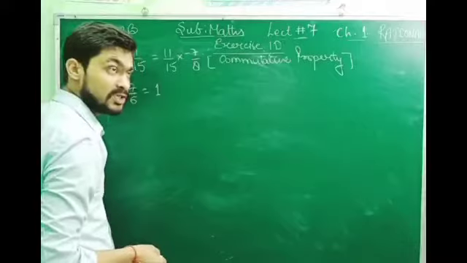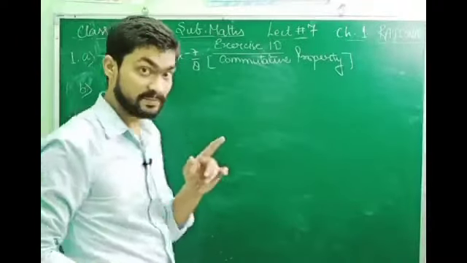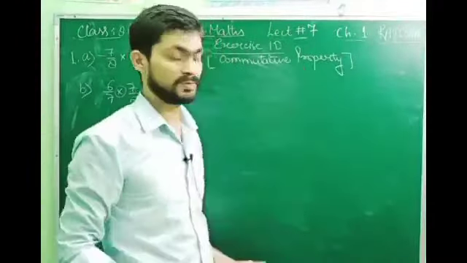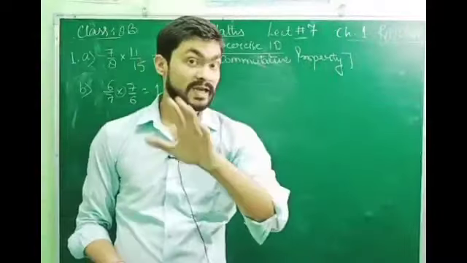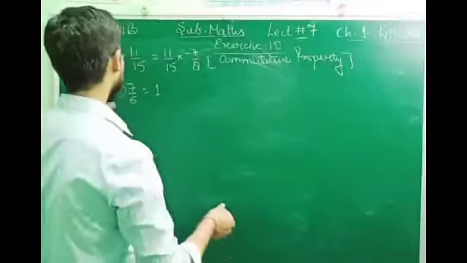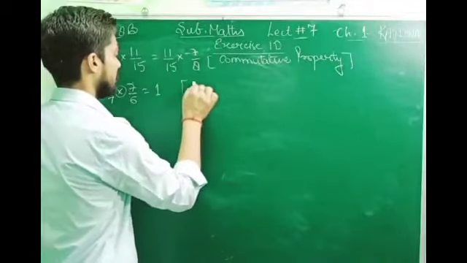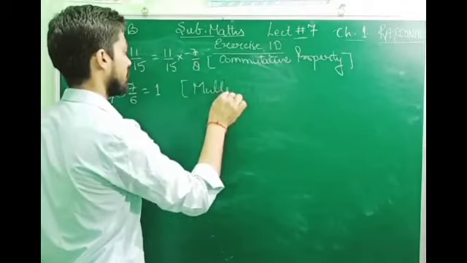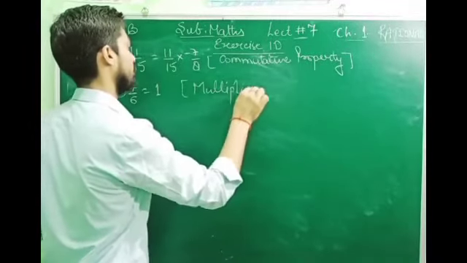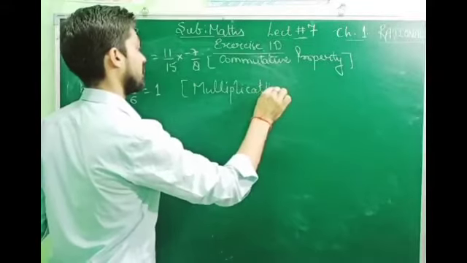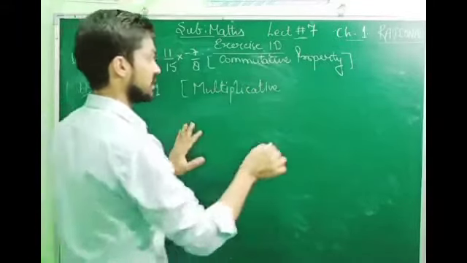It is multiplication, and the property I have just explained before this exercise. Multiplicative inverse. So what do we write here? Multiplicative inverse. Existence of multiplicative inverse.